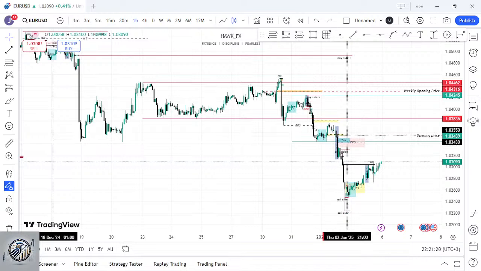So first and foremost, we are going to see how I mark out my chart and how I denote everything, how I annotate, if I may say, everything on my chart.